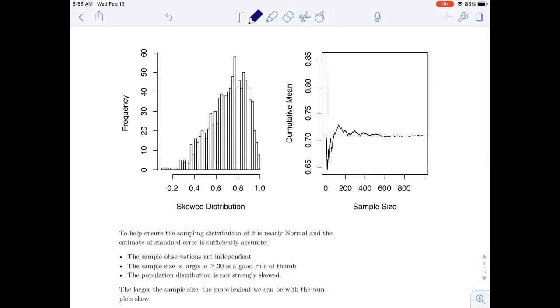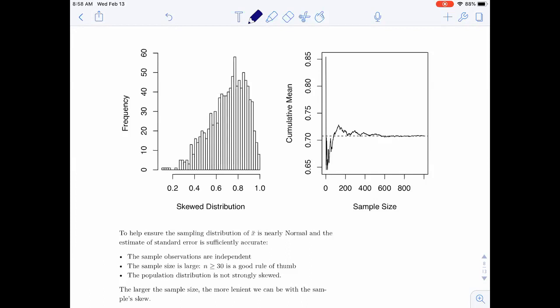So here we're drawing from a very skewed distribution. For it to normalize or stabilize around the population mean, which is this dotted line, we had to hit a sample size of about 600 for it to be basically bang on. But even starting at around 200, it started to stabilize a little bit.